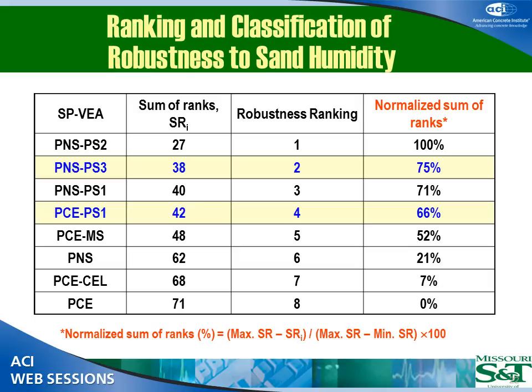Very surprising that the concrete, despite the fact that the w/c was 0.37, which is very, very stable, for precast applications, made with polycarboxylate ether without any VMA, was the mixture that was the least robust. And the PNS was a little bit better, but not by much. But in principle, the mixtures that had PNS and a polysaccharide VMA gave us the best robustness.